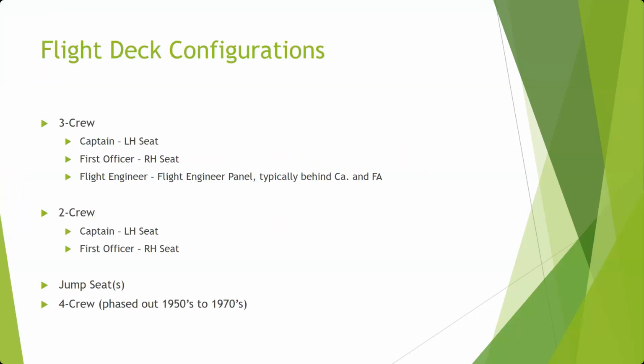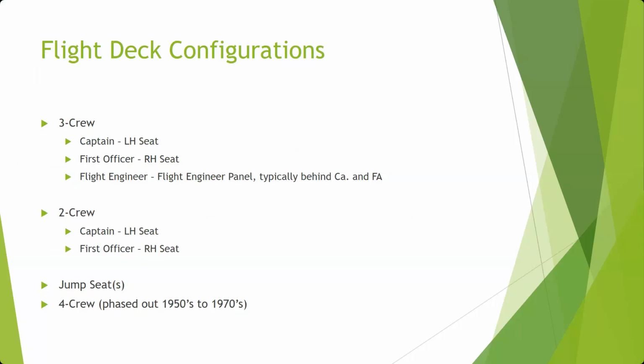So looking at flight deck configurations, kind of the two you'll see out there nowadays, and the first one I would say even less so than what we had before, is a 3-crew. We start with a 3-crew aircraft. And in a 3-crew aircraft, this is our 727. We have a captain, who sits in the left seat.